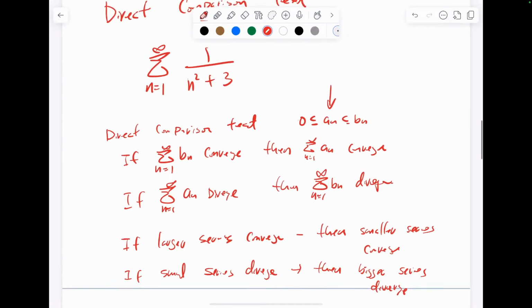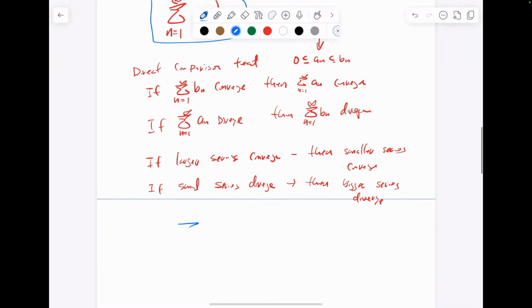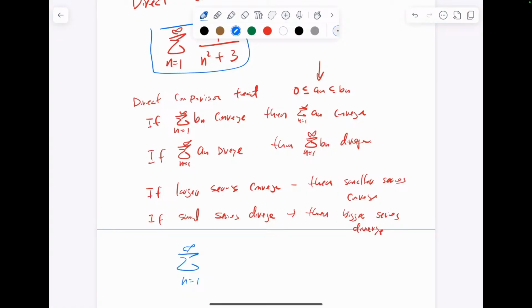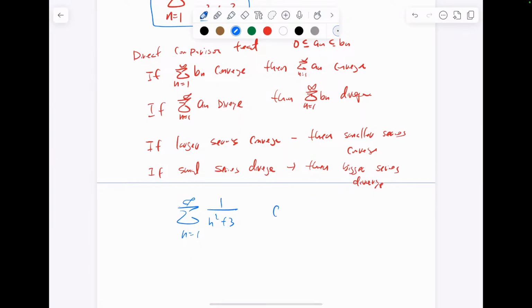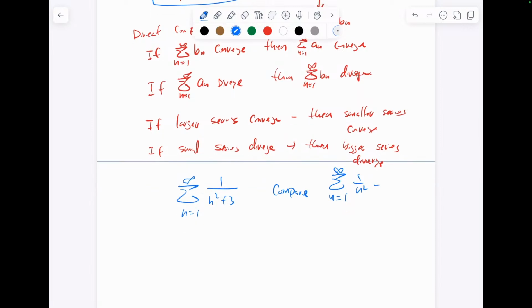So what we talked about the other day: if I have the summation n equal to 1 to infinity of 1 over n squared plus 3, we can compare it, they call it the direct comparison test, to the summation n equal to 1 to infinity of 1 over n squared. We compare with this because we know the answer for this.